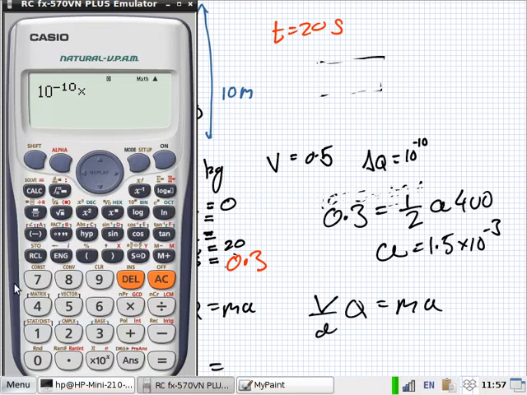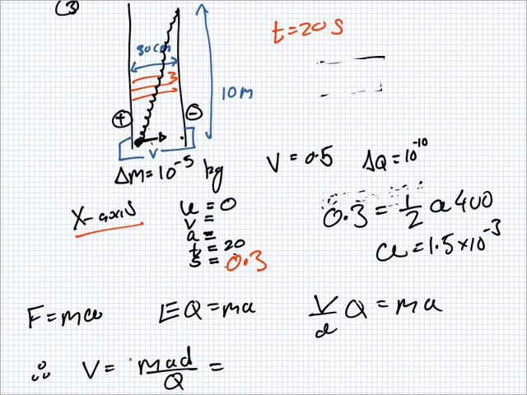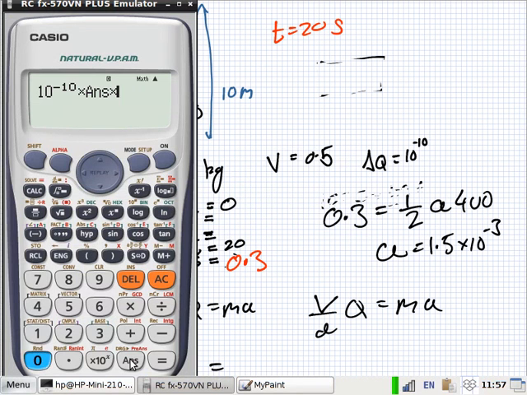The A, I just worked it out. The D, 30. And the Q is 10 to the minus 10.